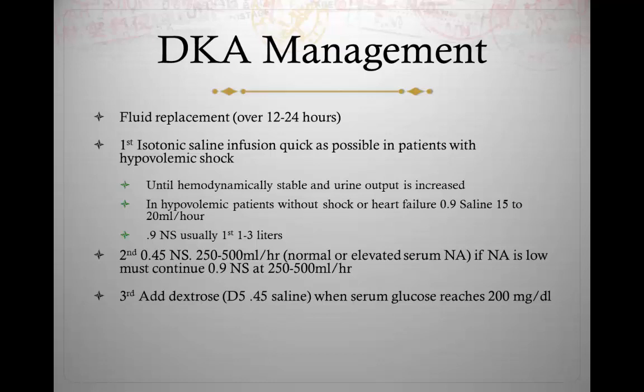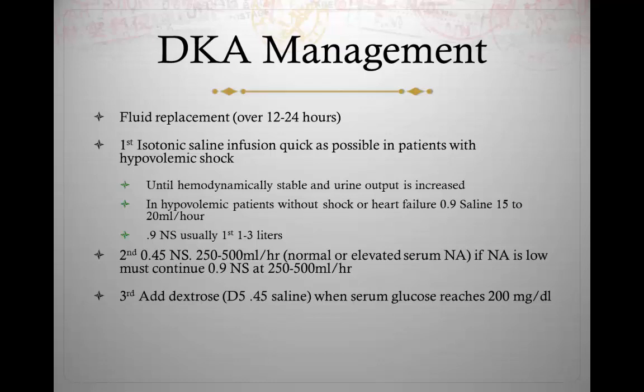So again, first isotonic saline infusion, normal saline. It's as quickly as possible, but you're not going to replace 3 liters, which normally the DKA has a fluid deficit between 3 to 5 liters. You're not going to replace those 5 liters in the first day.